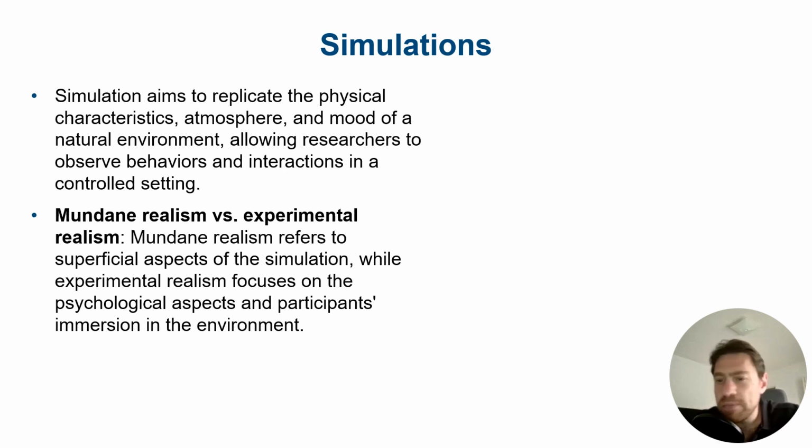So for example, a haunted house will use mundane realism to create a sense of psychological immersion, trying to create moments in which people feel like they are in a real scenario and forget that this is all fake. Or people that use VR will talk about immersion, where you temporarily forget that you have a VR headset and you feel like this is the real world, and you respond as if you are responding to the real world.